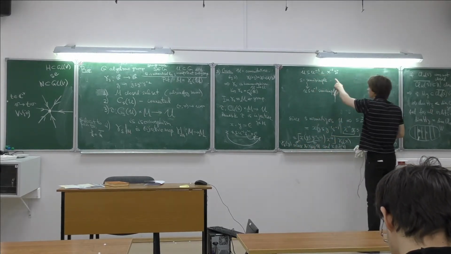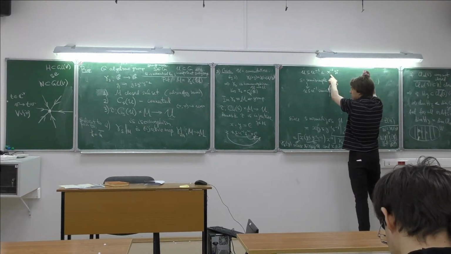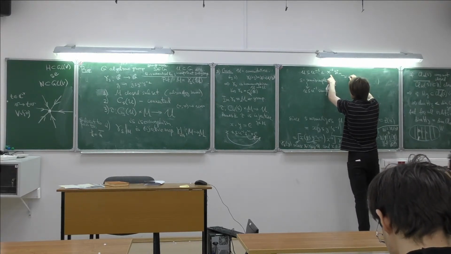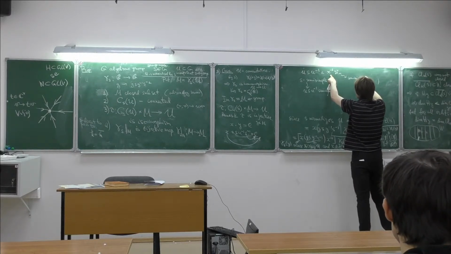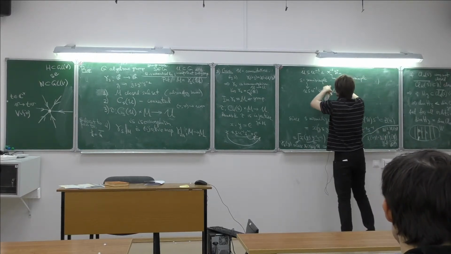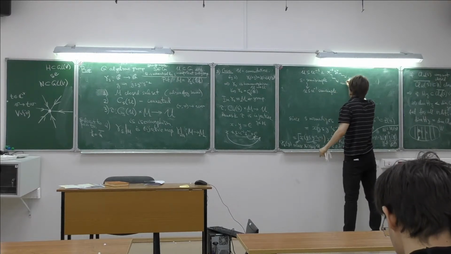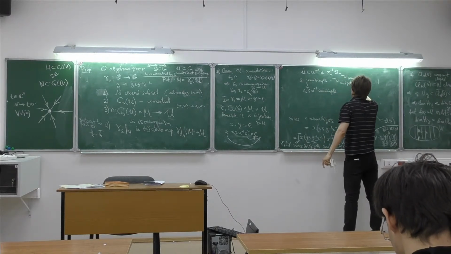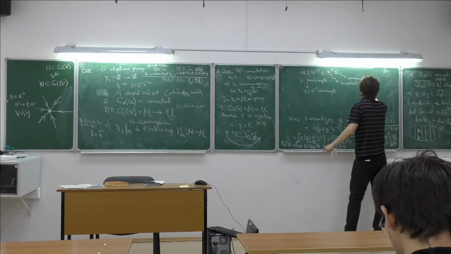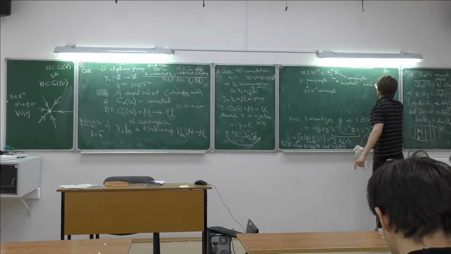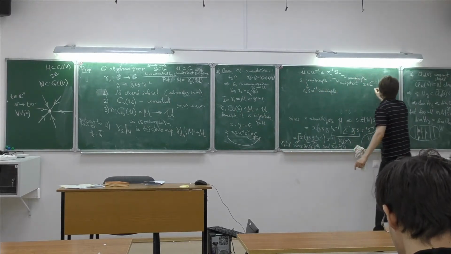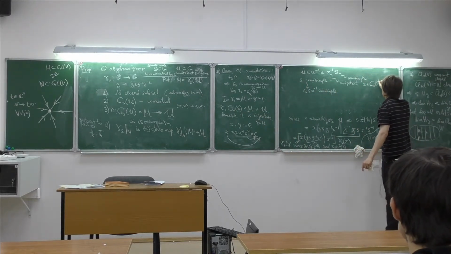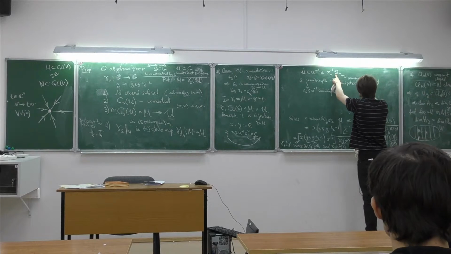At the same time, you know that this is semi-simple and this is unipotent. And moreover, X belongs to the centralizer. X was from here, so it belongs to the centralizer of S, so they commute.